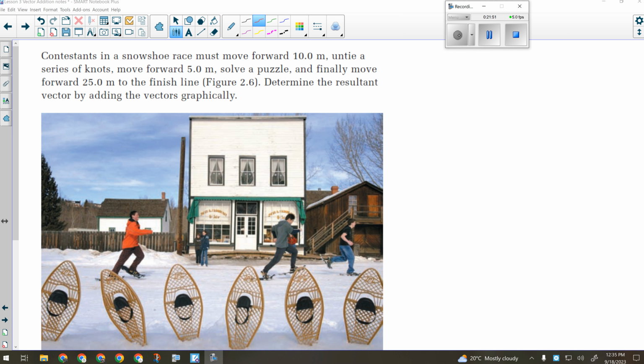All right, if I'm drawing a vector diagram of this situation, I would go like this. 10 meters. 5 meters. 25 meters.